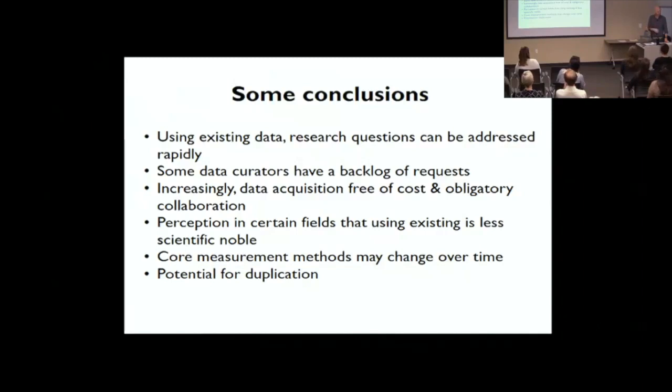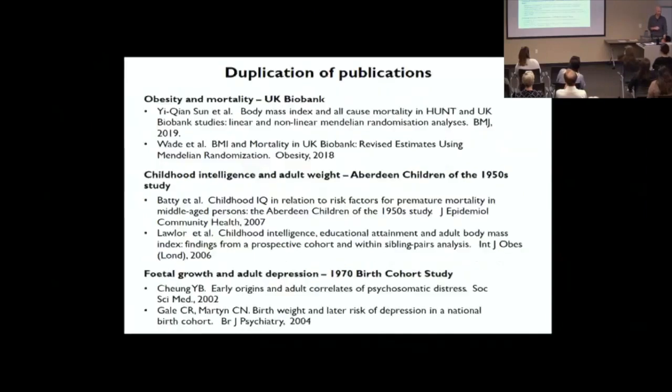I've shown that there are problems with core measurements over time because you don't have input into them, and there's also a problem with duplication. I don't think it happens a lot, but these are examples of the same questions that have been analysed by different groups using the same data set and have led to dual publications, which, I'll be honest, if you're supervising a Ph.D. student and that happens, it hasn't happened to me, but that's really difficult for them to take, and if you're a junior researcher, it's very difficult to take.